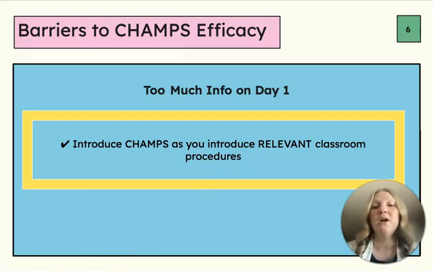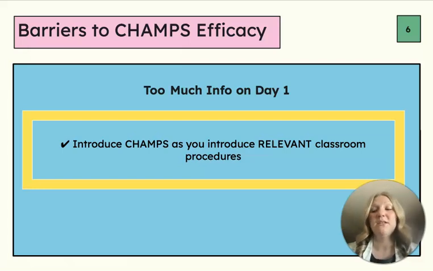We know that when we are efficient and when we are consistent, CHAMPS is effective. We rely on that day-to-day consistency in our own classrooms, and we also rely on school-wide consistency.